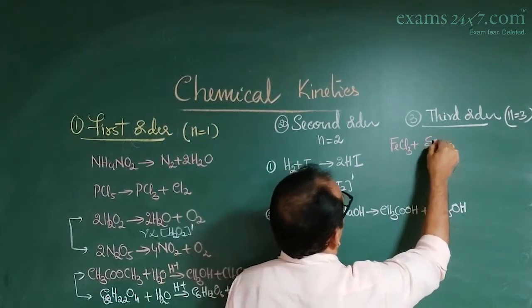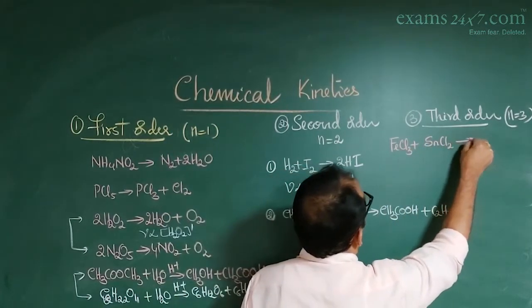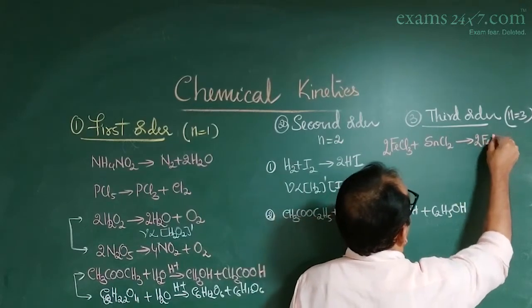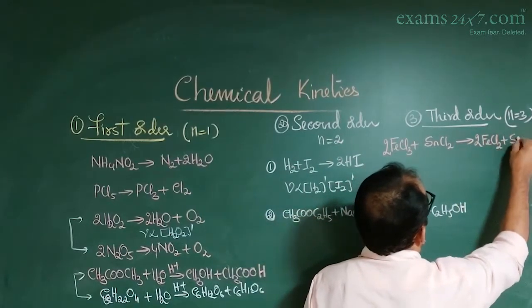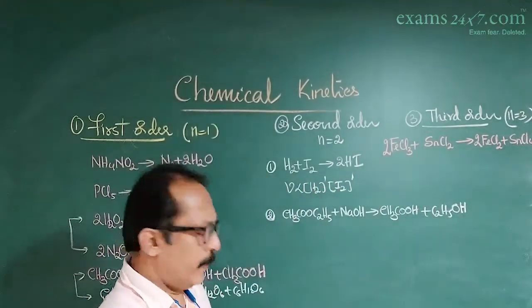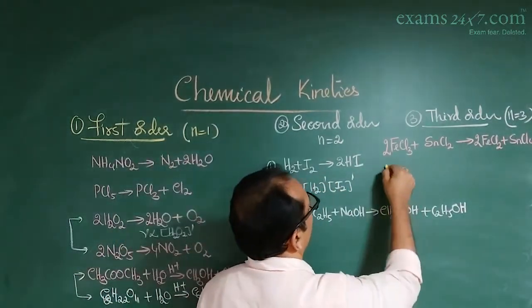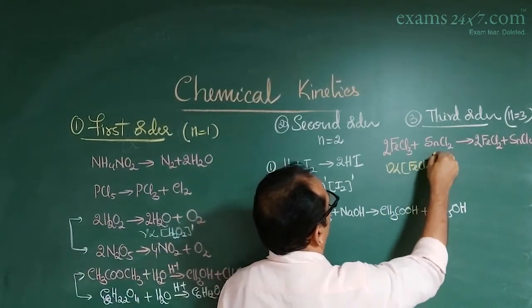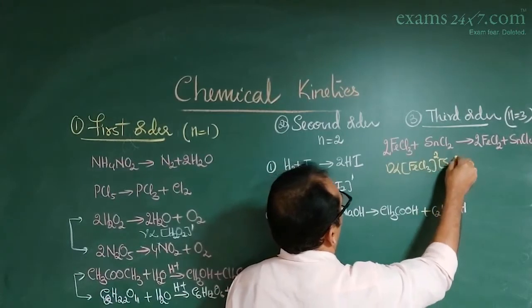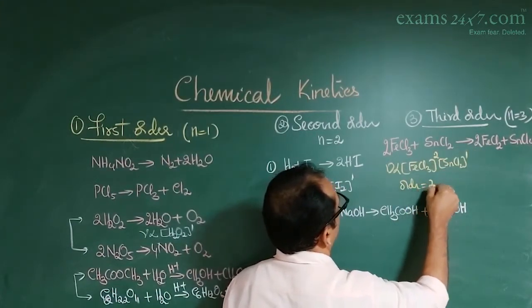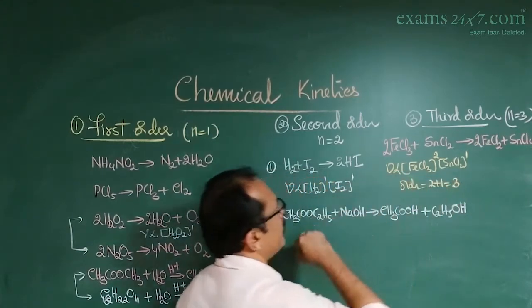It gives ferrous chloride, FeCl2, and stannic chloride. The rate law for this reaction is second order with respect to ferric chloride and first order with respect to stannous chloride. Therefore, the order of the reaction is equal to 3.